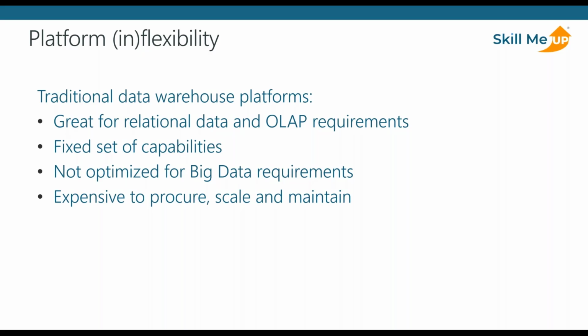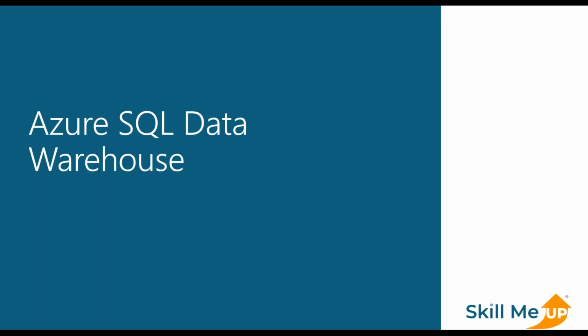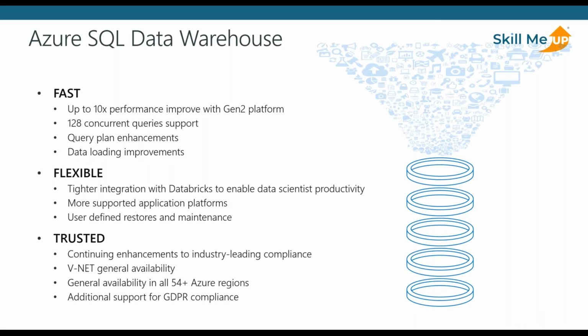And so, when we start to look at some of these unstructured and semi-structured sources, the clickstream data, the social networking data, those kinds of things, it just wasn't designed to handle that type of stuff back in the day. So when we brought out Azure SQL Data Warehouse, it was a great product. It basically took our on-premises massively parallel processing system, being called the APS, and it put it in the cloud. We came out with a Gen 2 about a year and a half later that drastically improved the performance.